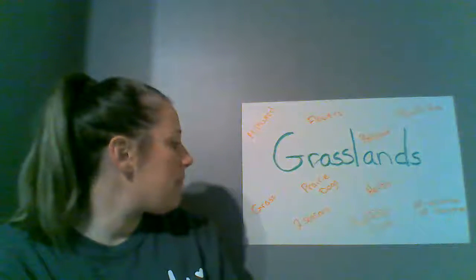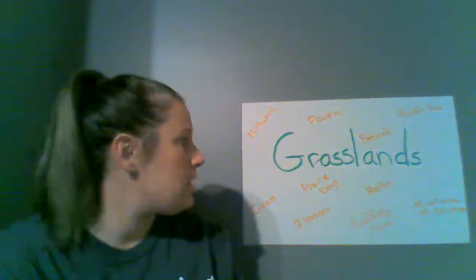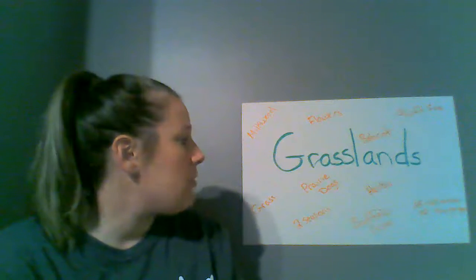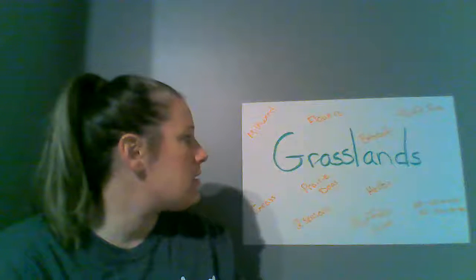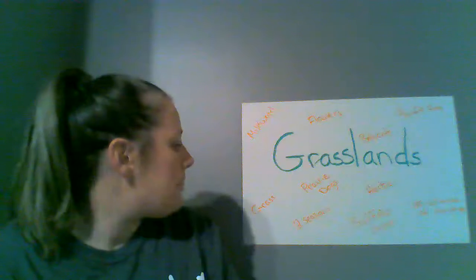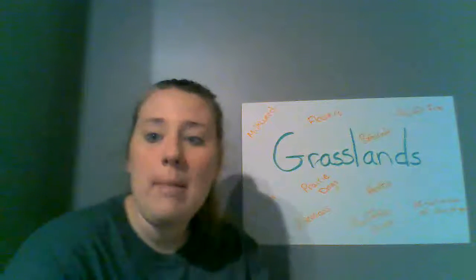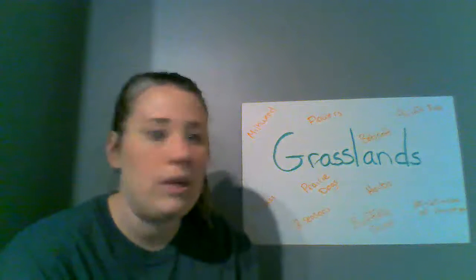A couple that I found, and you can do some more research yourself, but a couple of the animals that I found were prairie dogs, bobcats, fox. I think that's all I have on here, but there's many more, so make sure you go on and look.